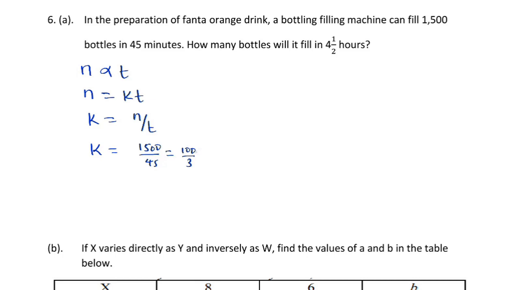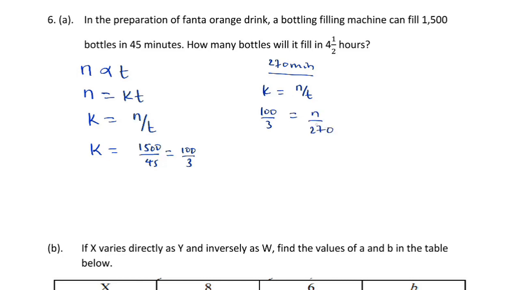We can now find the number of bottles when the time is 4.5 hours, which is equivalent to 270 minutes. Then our equation is k equals n over t. Applying the values, we have 100 over 3 equals n over 270.